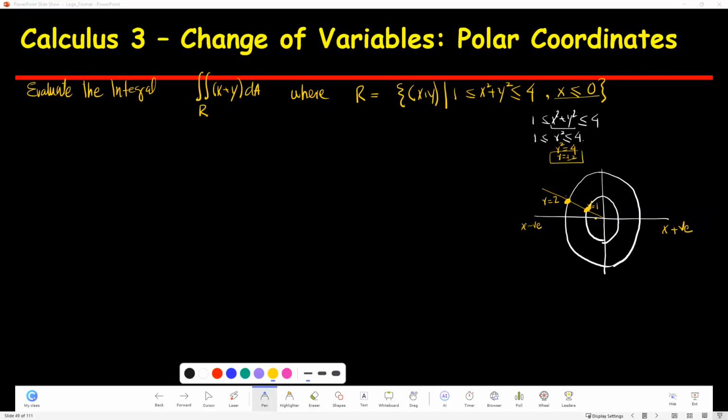Less than or equal to 0 means we can only consider this area, and we have to ignore this side. Because x is less than or equal to 0 on this side. Here x is bigger than or equal to 0, so I cannot use this one, right? So really what we have to do is use the shaded area that I'm about to shade, and that is my goal to solve this one.